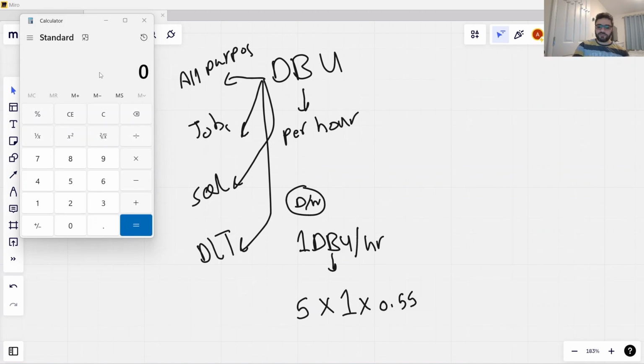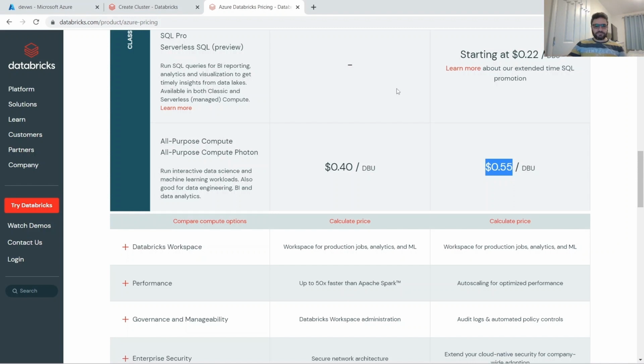You multiply 5 times 1 times 0.55, so you're going to pay $2.75 if you run this for 5 hours.